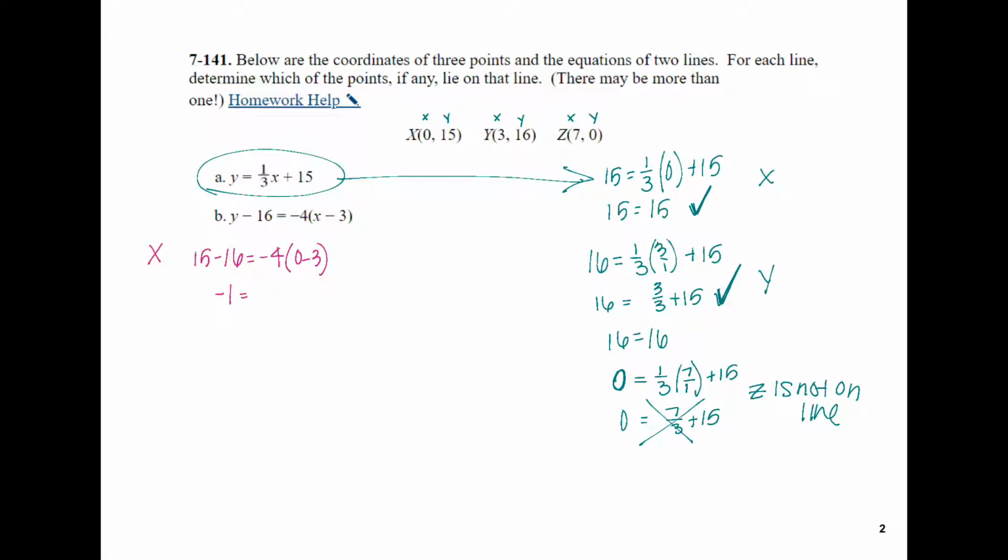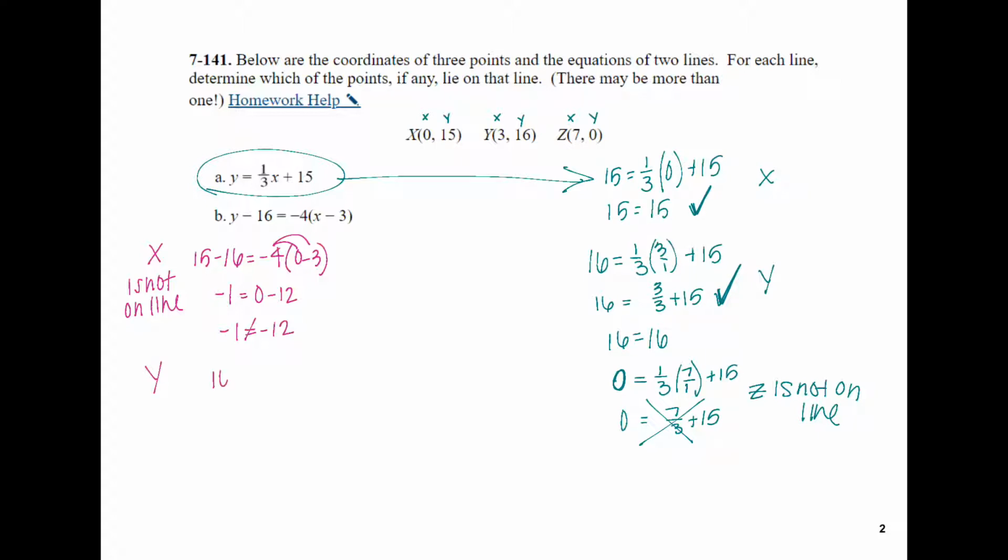When I distribute a -4 times 0, I get 0. -4 times -3 gives me a -12. -1 absolutely does not equal -12. So x is not on the line. So we're then going to try coordinate y.